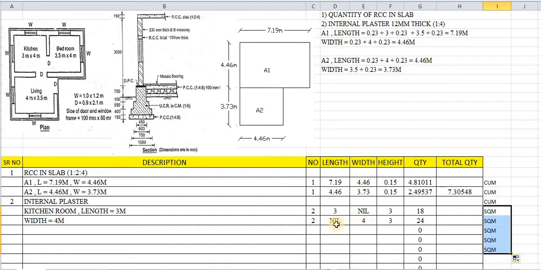What about the length? Because the thickness of the internal plaster is negligible, the length will not be taken. Here we have taken the width of the room. And what about the height? Height is nothing but 3 meters. So here the quantity is in square meters. Same way for kitchen room, same way for bedroom.